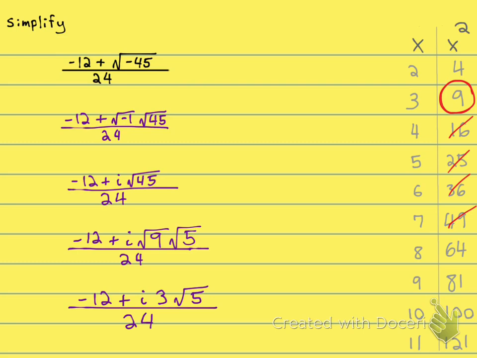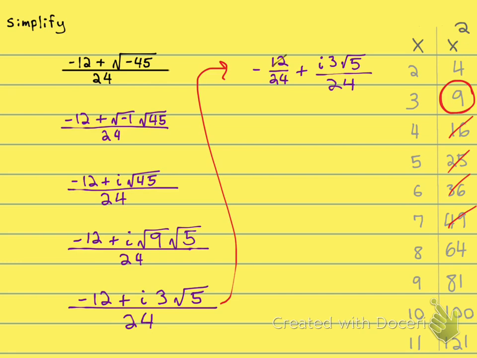So let's take it up here, and I'm going to split up this fraction. So this is going to be negative 12 over 24 plus i 3 square root of 5 over 24. Okay, and now the reducing is a lot easier.